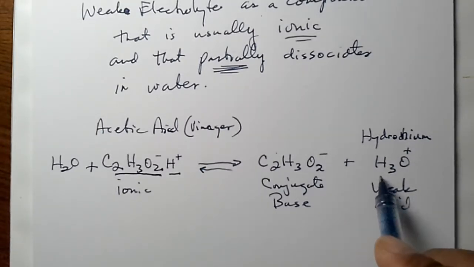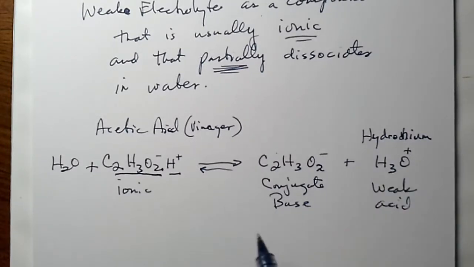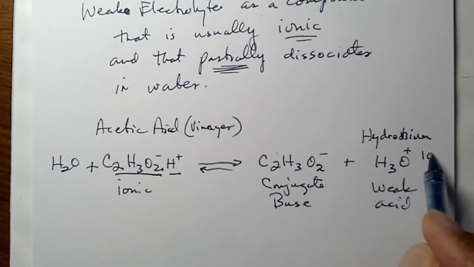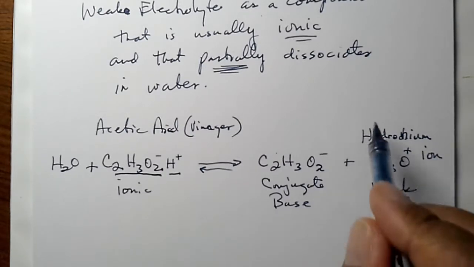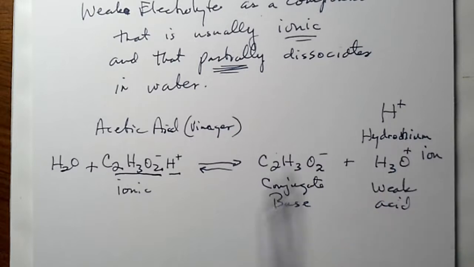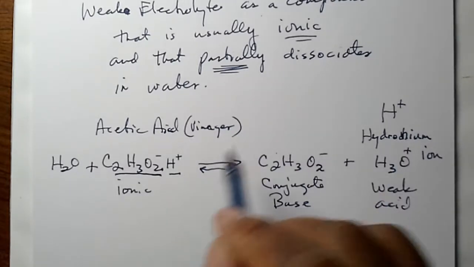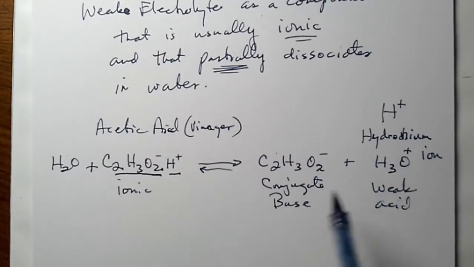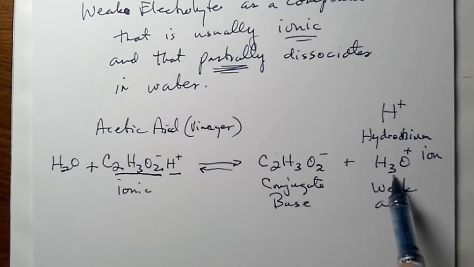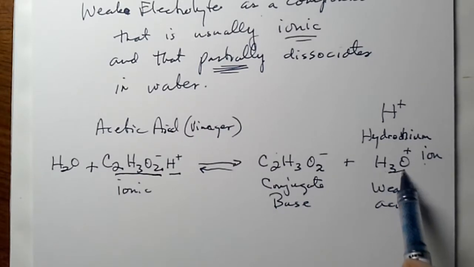This molecule or compound, if you will, is referred to as a hydronium ion, because hydrogen doesn't exist in solution simply as hydrogen. It has to complex with water to form H3O, and has a positive charge.